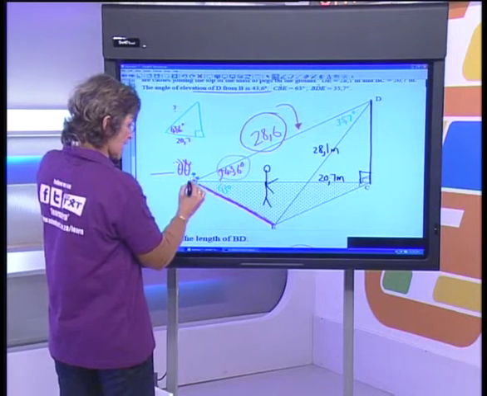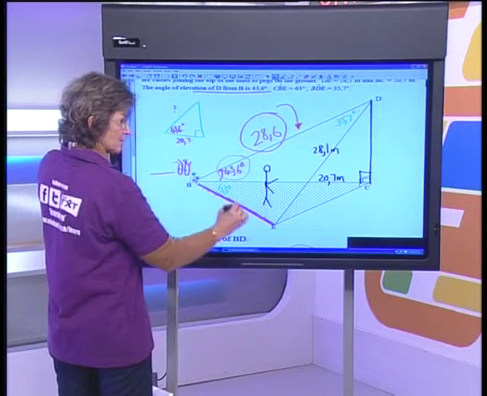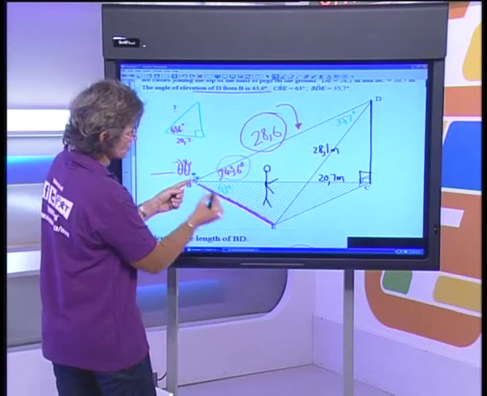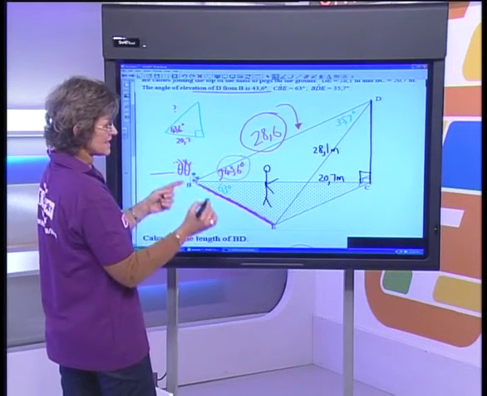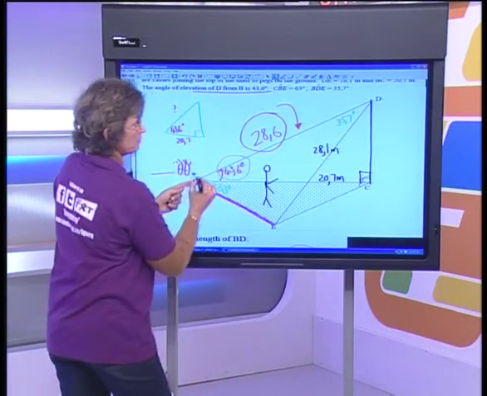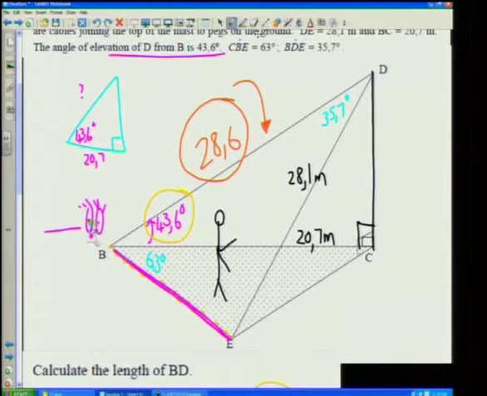We want to try and get BE, all right? Now, how am I going to get BE? Focus on the triangle that BE is in. And yes, it's in that triangle BDE, and it is also in the floor triangle BCE. Now, what do you think we're actually going to work with here? Well, you need to work with the triangle that you've got the most information in.